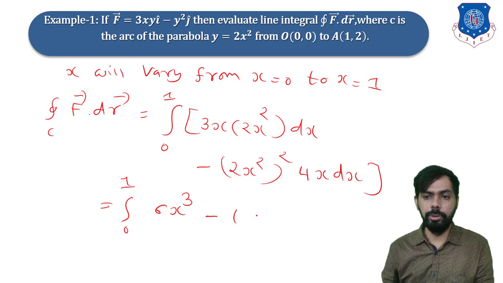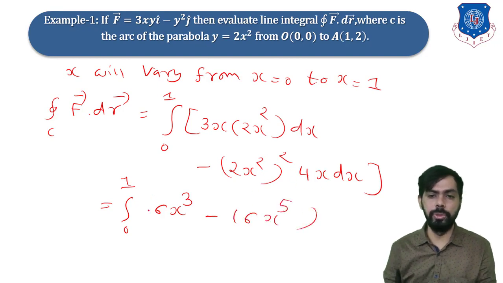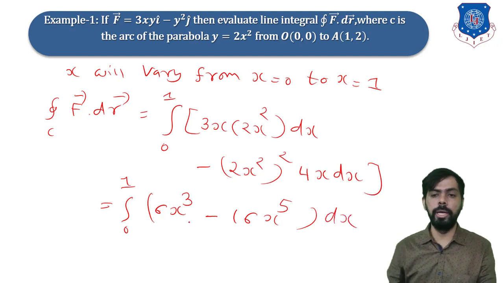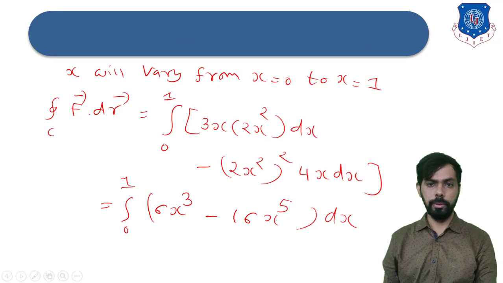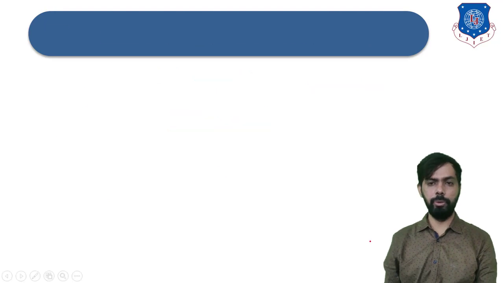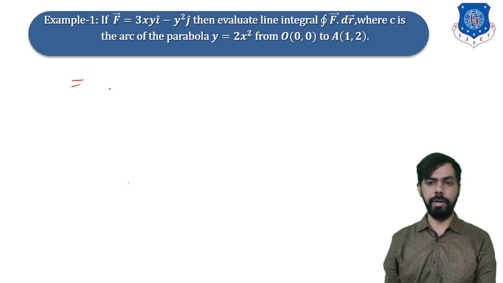So we have to integrate this function with respect to x. The integral of x cube is x raised to 4 divided by 4, and the integral of x raised to 5 is x raised to 6 divided by 6. So this will be 6x raised to 4 divided by 4 minus 16x raised to 6 divided by 6, and the limit will be from 0 to 1.